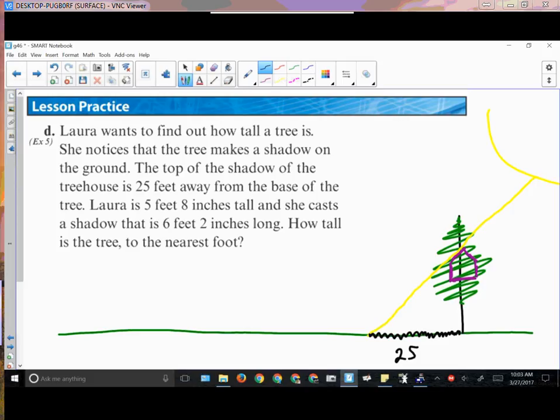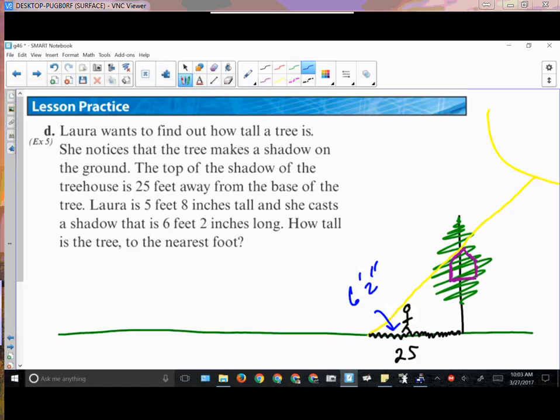Now, one of the ways that you could do this is Laura could have been standing right about here. And when she was looking at how long her shadow was cast, her shadow cast was what? 6 feet 2 inches long. Okay, that's what hers was.